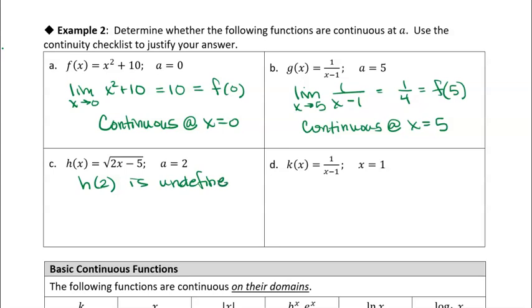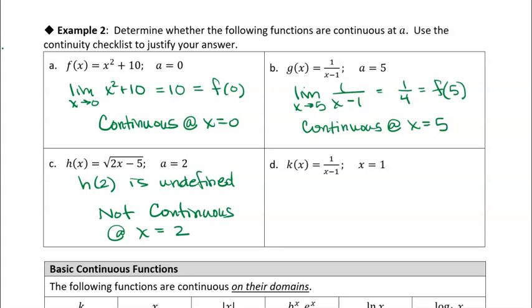All right, so that tells you right there that it's not continuous. It's not continuous at x equals 2.